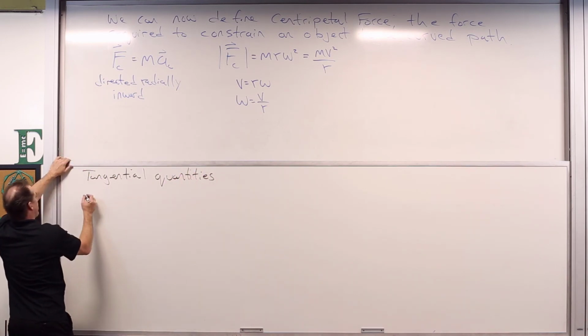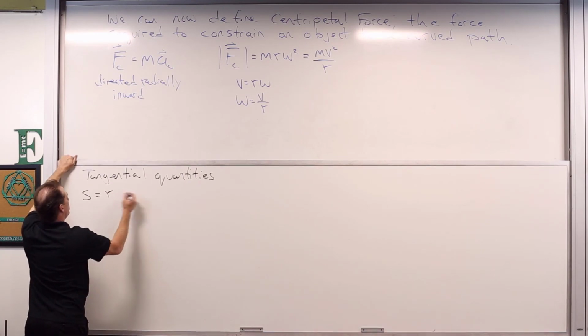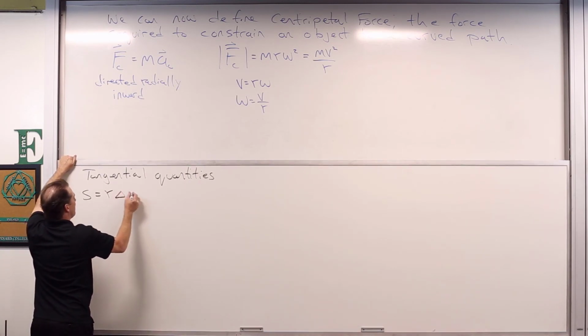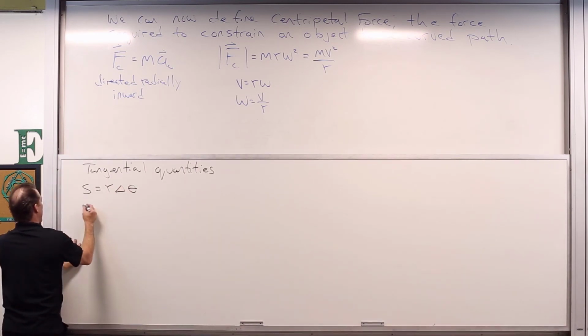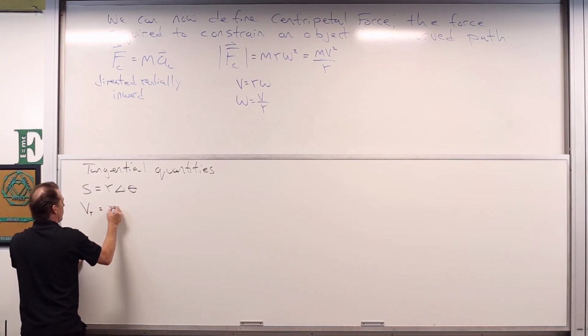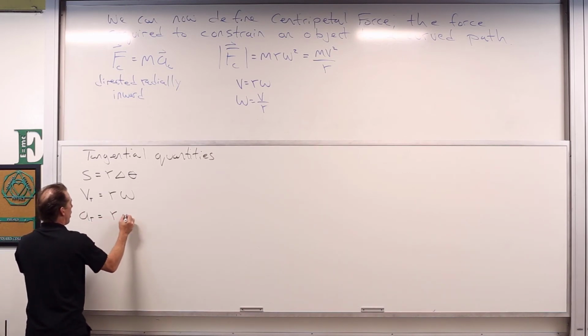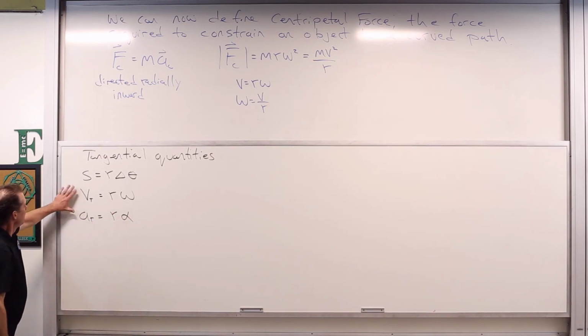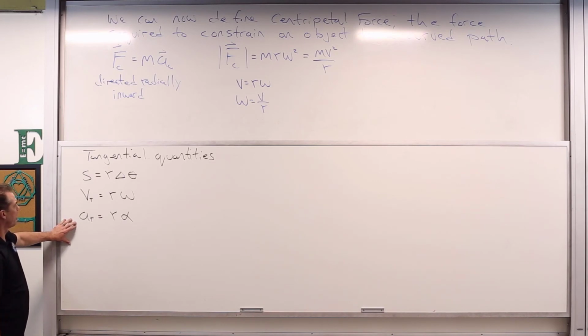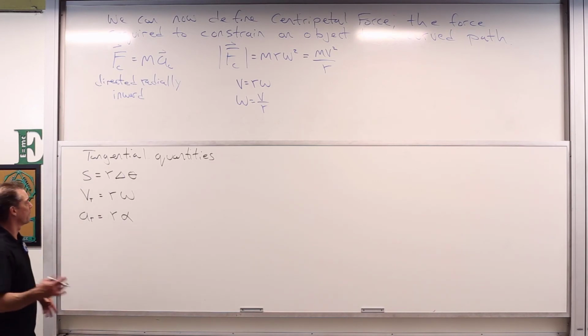We've got that s is equal to r delta theta, v sub t is equal to r omega, a sub t is equal to r alpha. Tangential velocity, tangential acceleration, arc length, the distance something travels.